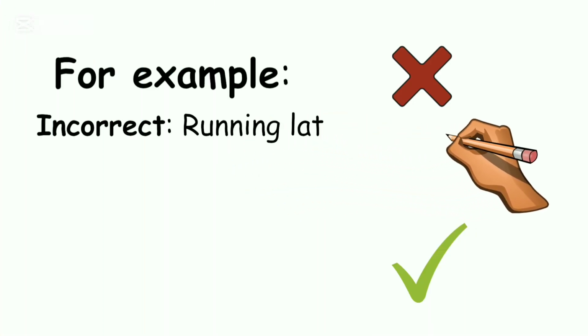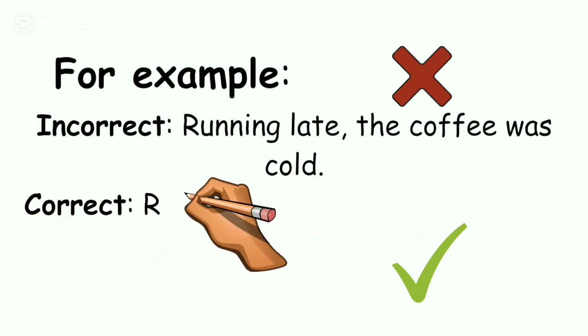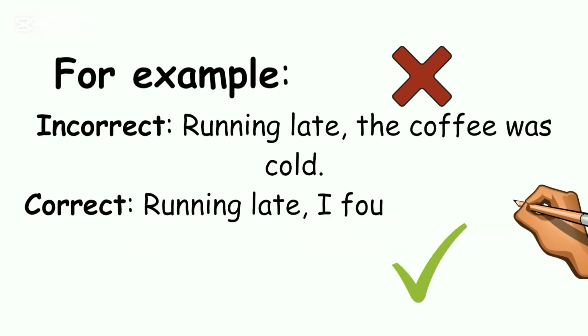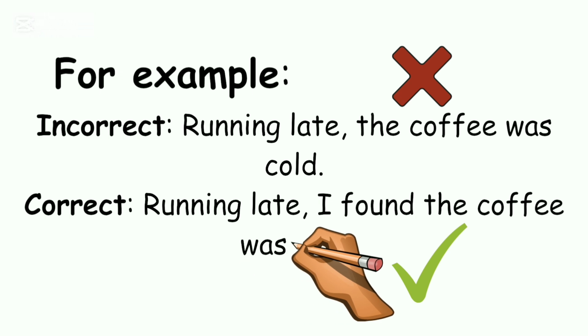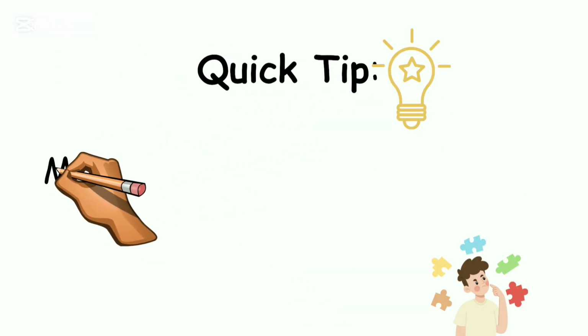For example, running late, the coffee was cold doesn't make sense because the coffee wasn't running late. A clearer version would be, running late, I found the coffee was cold. Always ensure the modifier connects to the right subject.